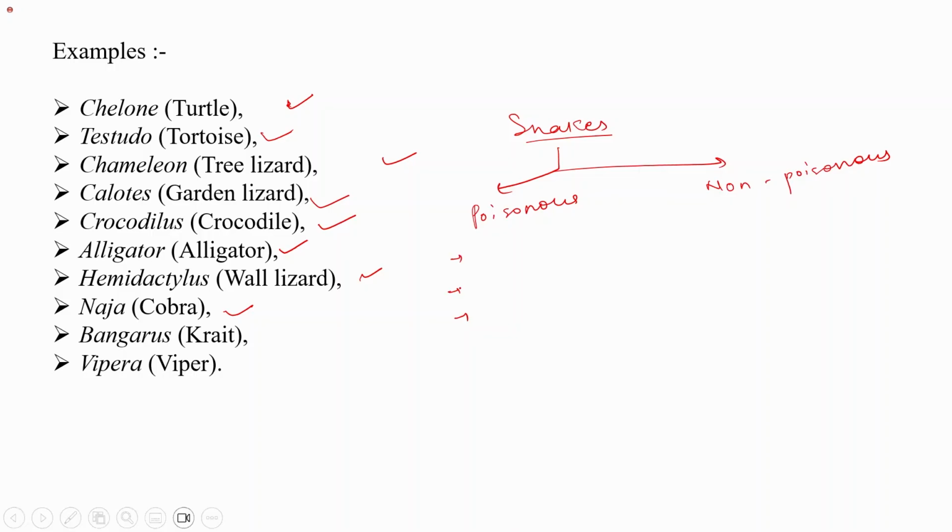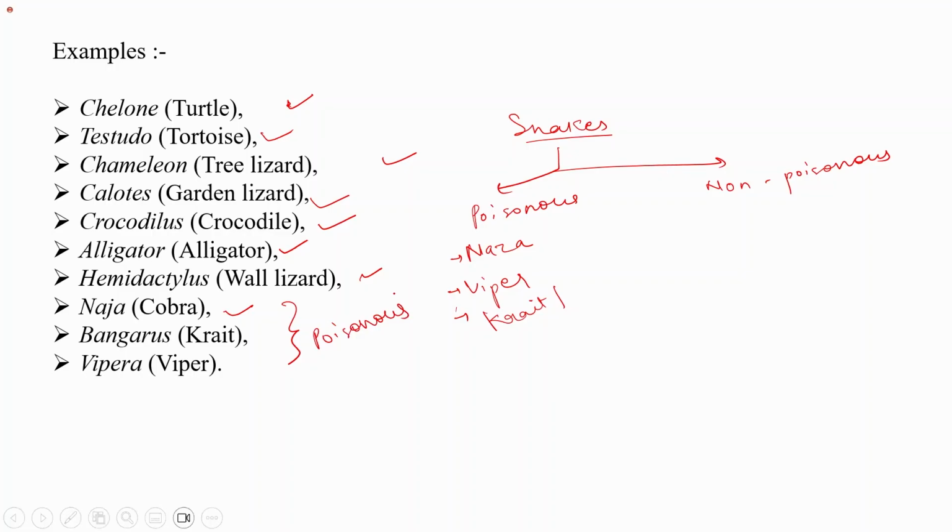So I'll give you some of the examples. Examples include the Naja. So Naja, which is the cobra, is a poisonous snake. Then we have viper, which is also a poisonous snake, right? And krait, which is the Bungarus. So these three are poisonous, right?